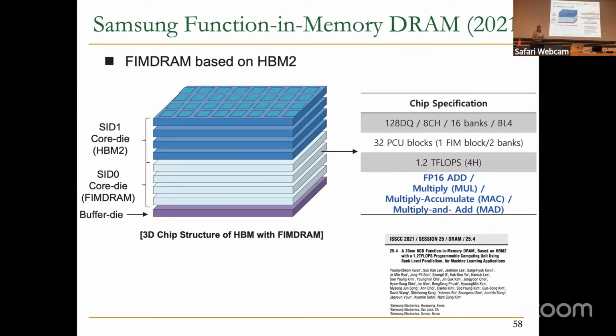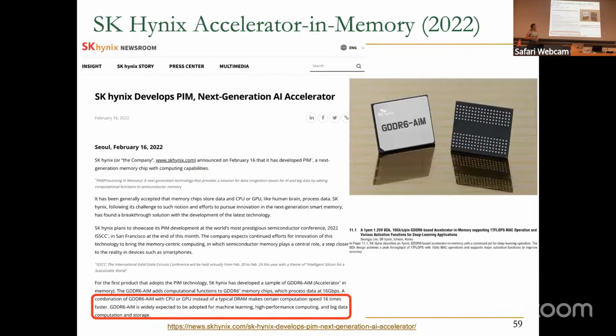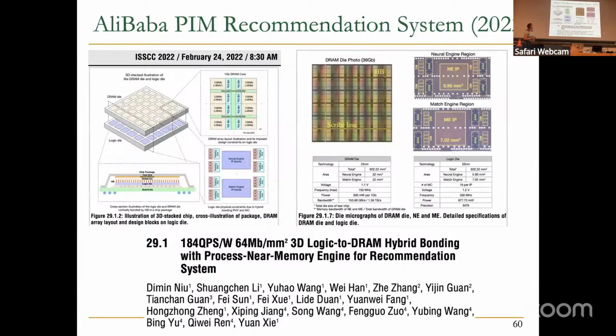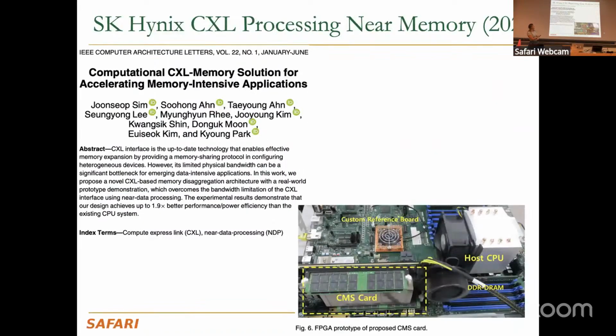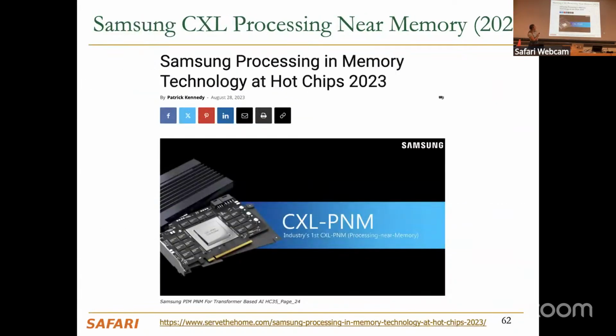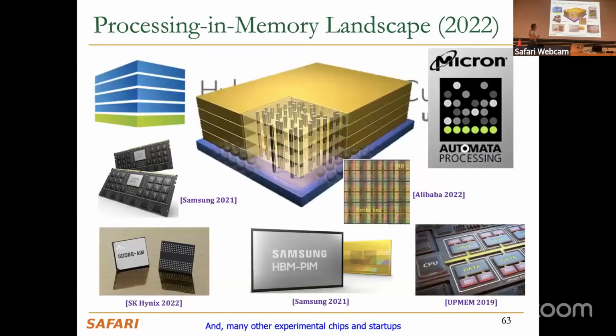But of course, as things progress, you can see many different and more complex operations. Another example is SK Hynix or Alibaba. And we can also see that there are even optimized interconnects and ways to facilitate the communication and offloading of computation from the CPU to the memory.